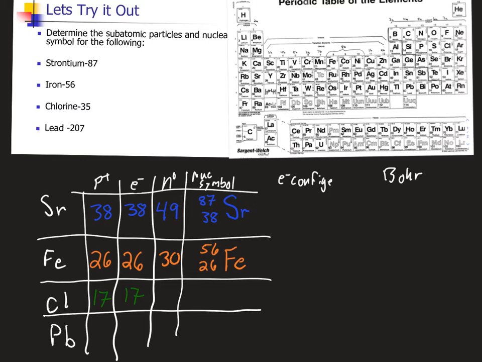Let's do the nuclear symbol first this time. And so the nuclear symbol will be 35, 17, then the Cl. 35 minus 17 is 18.